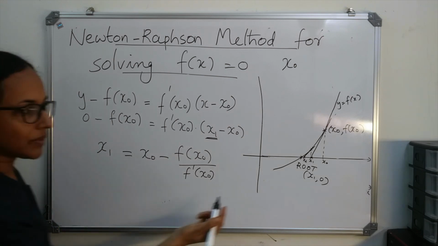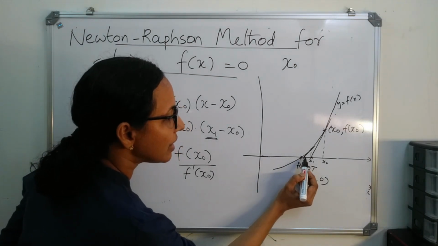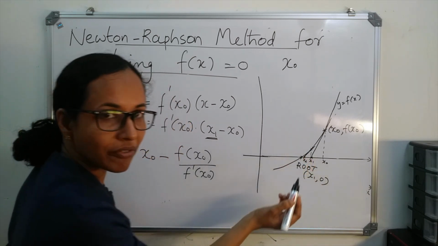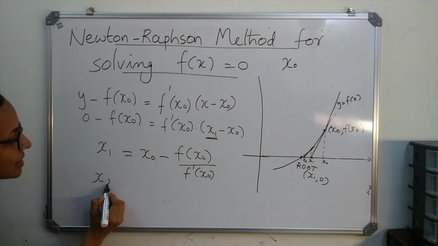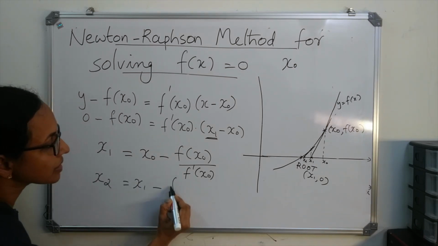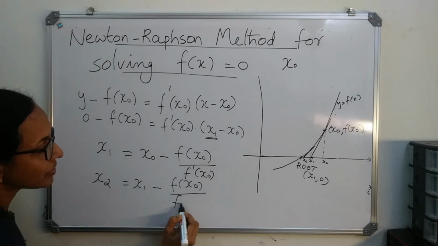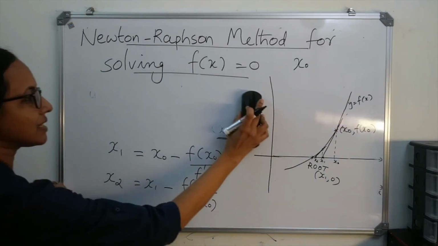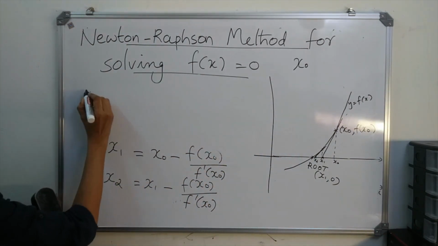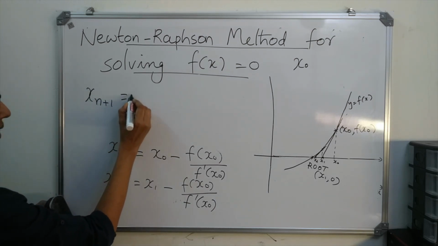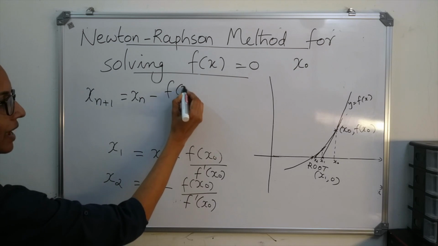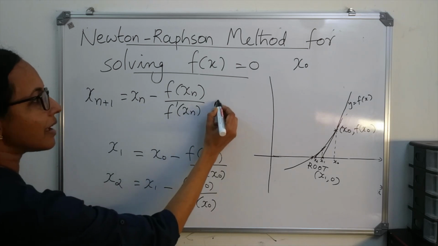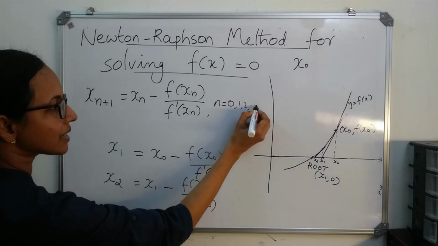Similarly, we can find the expression for x2 by drawing the tangent at x1, f of x1: x2 equals x1 minus f of x1 by f dash x1. So we can generalize this formula: x n plus 1 equals xn minus f of xn divided by f dash xn, where n is equal to 0, 1, 2, etc.